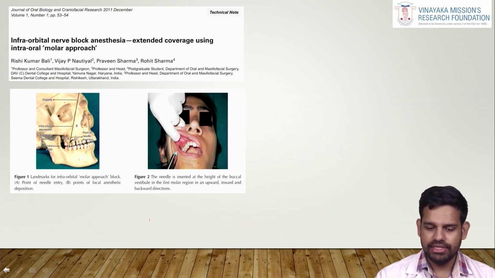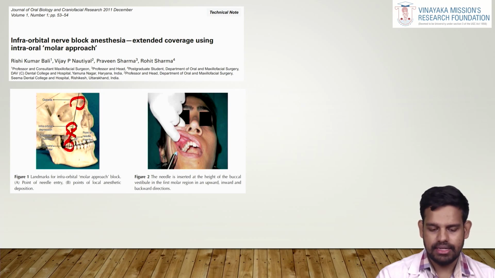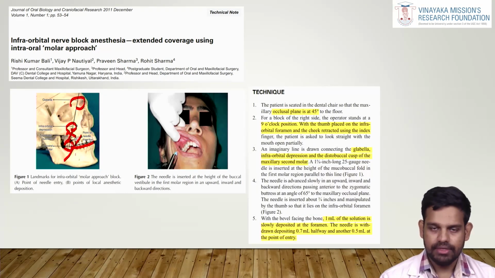Here this modification gives us the angle: a line drawn from the glabella and the infraorbital depression and through the zygomatic buttress, this is the zygomatic buttress, to the second molar of the maxilla, and in conjunction with the occlusal plane a 65-degree angle is made. So the needle is injected into the mucobuccal fold along the first molar. So we will reach the infraorbital foramen where the injection is deposited, and it will anesthetize the infraorbital nerve.